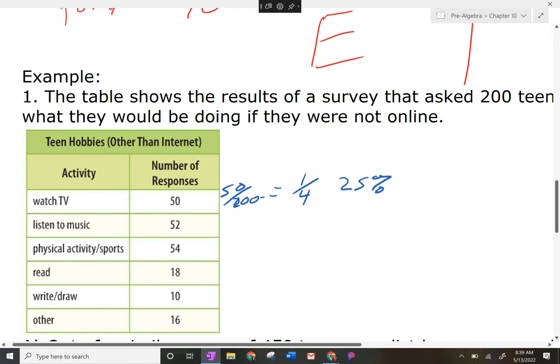Okay? Listen to music. Somebody new. Talk me through those steps. Austin? Okay? Can I simplify it? Yeah, they're both even. Okay, so I can divide both of them by 2.